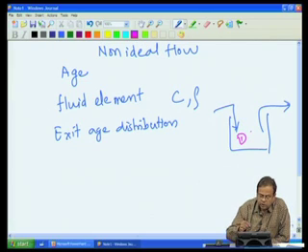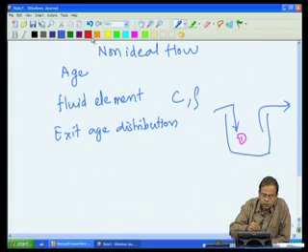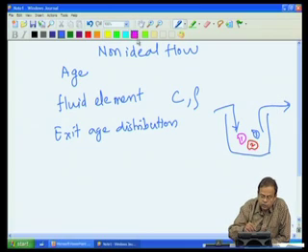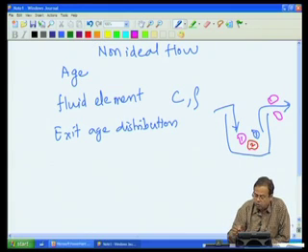Suppose this is 1, followed by 2, 3 and so on. 1, 2, 3 are sequential times, and needless to say, at some point of time they will come out of the reactor also.